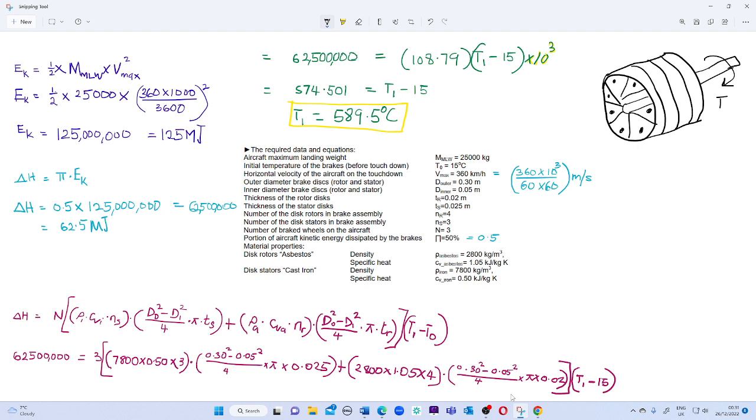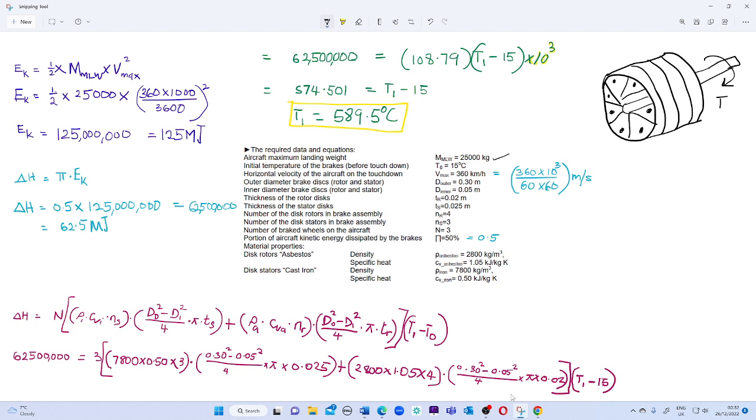Today we are given an aircraft brake data and equation. We are given the aircraft maximum landing weight as 250,000 kilograms.